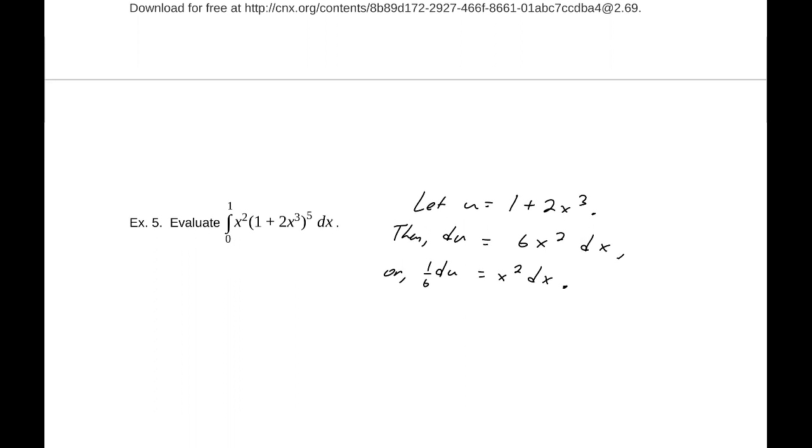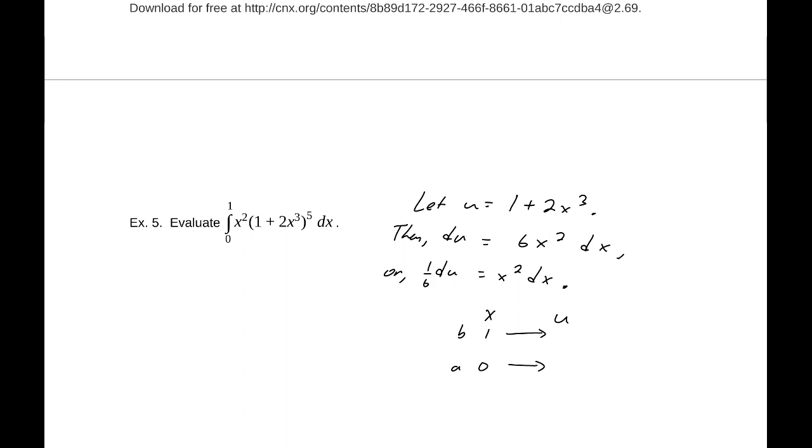Our a equals 0, and actually let's just draw a chart. Let's go from our x values, our limits a and b. We want to find out what those values are under u. My endpoints were 0 and 1.